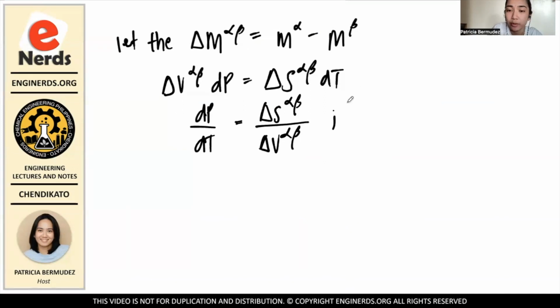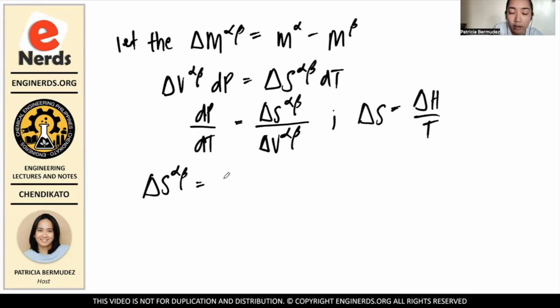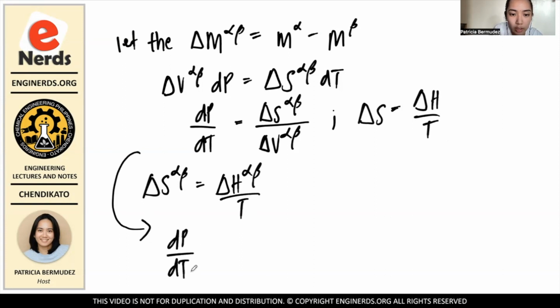For any phase change, we know that delta S is equals to the change in enthalpy over T, right? So we're gonna replace this here. Therefore, delta S or the difference in entropy of phases alpha and beta is equal dun sa difference in enthalpy of phases alpha and beta over T. Okay, so rewriting that, it will become dP over dT is equal dun sa difference in enthalpy of phases alpha and beta over T, and then this one, we just copy here.